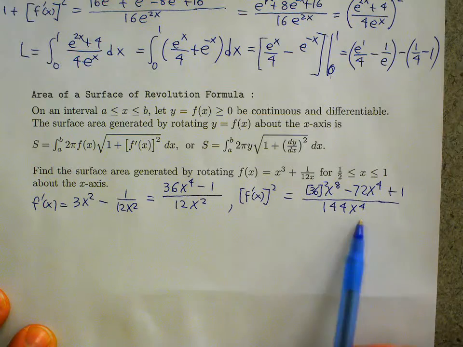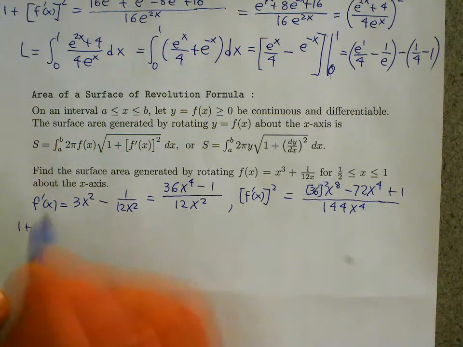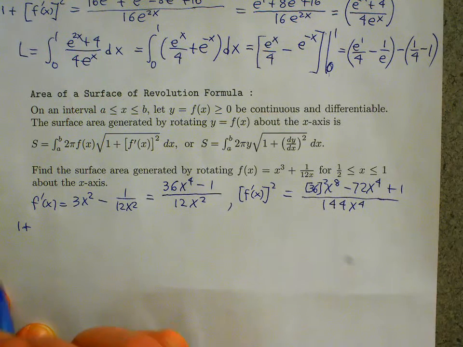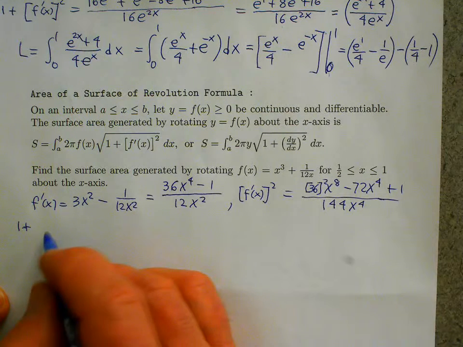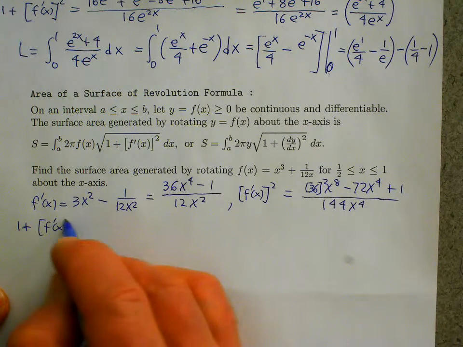And when we add 1 to that, the sort of thing that happened in the previous example is going to occur again. So 1 plus f prime of x squared.